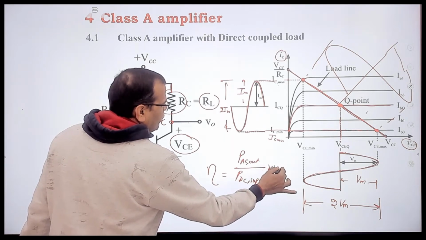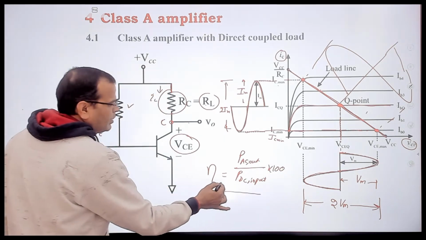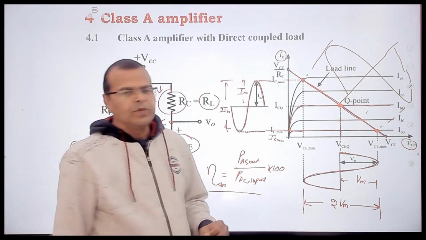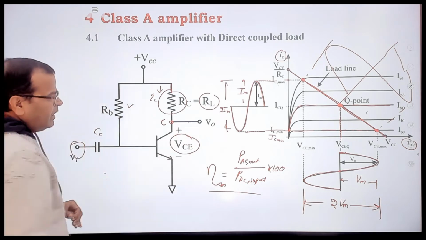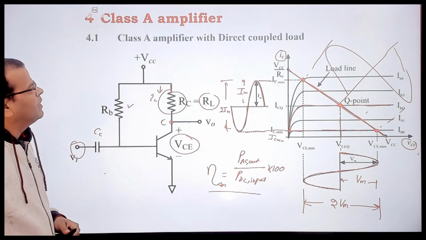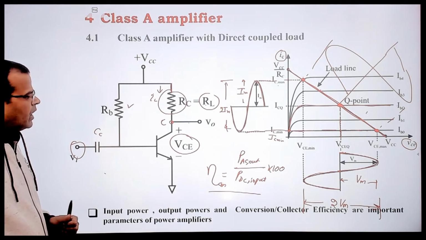We will be talking about the conversion efficiency of the class A direct coupled amplifier, so let us see that one by one.